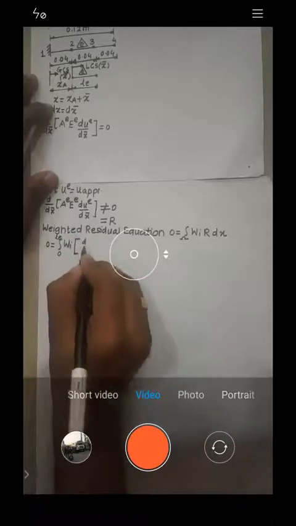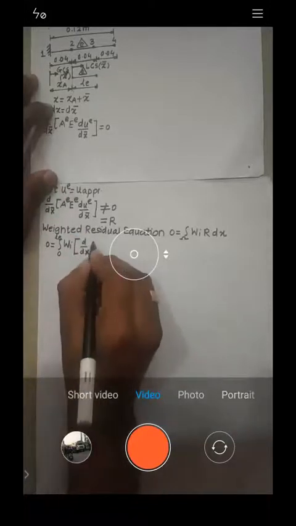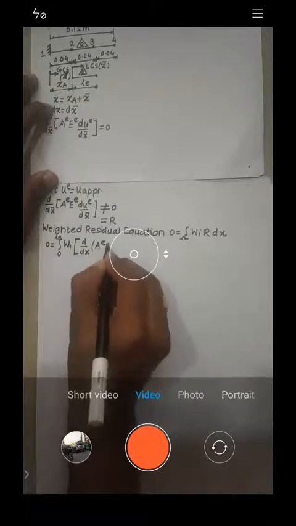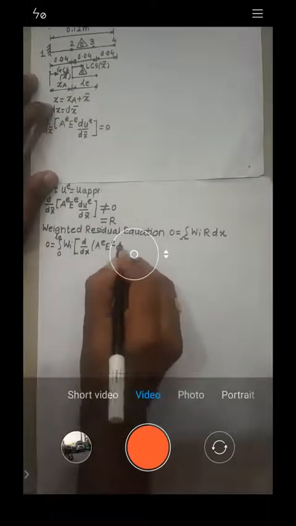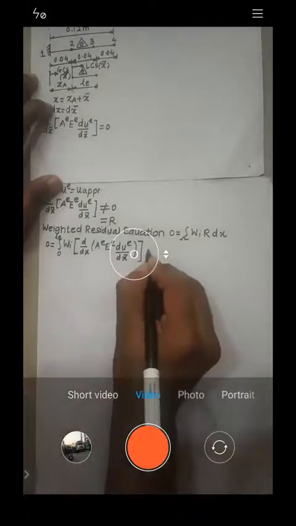So the weight function is written as it is, into R. Now this value of R I need to write down: d by dx of AE EE dUE by dx bar. Weight function into R into dx.